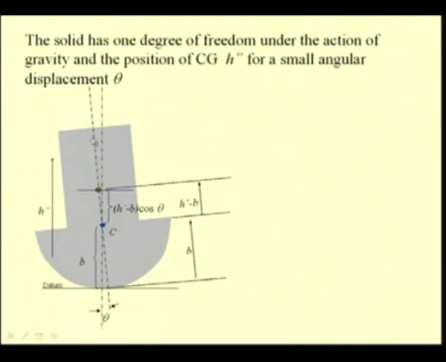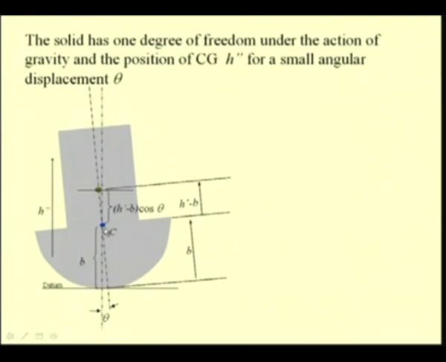So, in this picture you see the same knob in a slightly displaced position. That means the point of contact, which was originally here, has been displaced to a new position because of a small angular displacement theta.